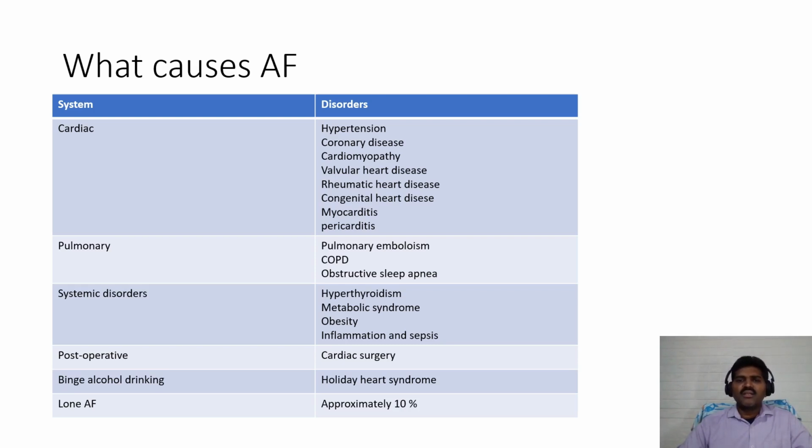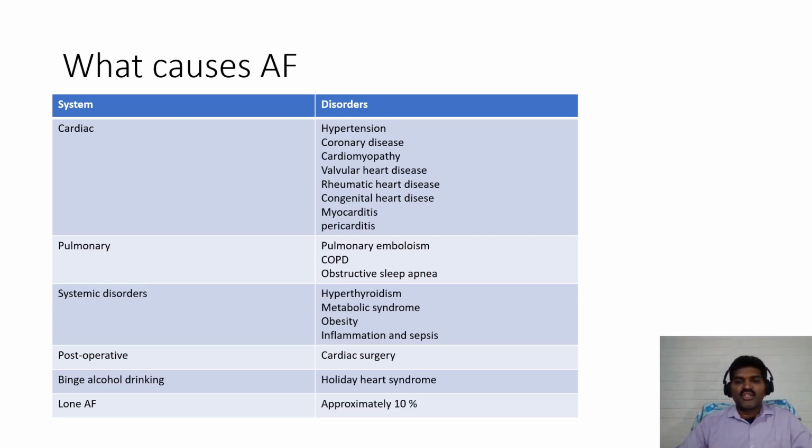Pulmonary system, mainly pulmonary embolism, COPD. In COPD, AF is common, but the most common rhythm which you see in COPD is multifocal atrial tachycardia. In patients with obstructive sleep apnea also, most commonly you see MAT, but AF can also be seen. Systemic disorders like hyperthyroidism, metabolic syndrome, obesity, inflammation and sepsis.